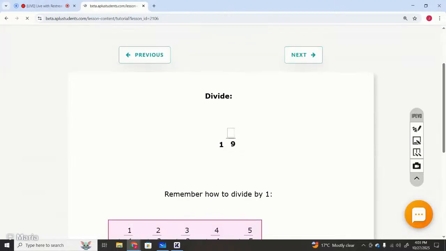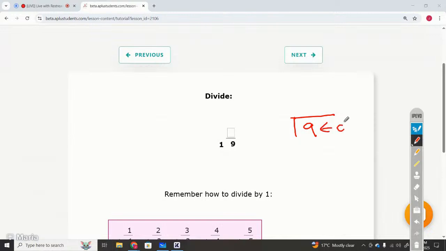Division is the opposite of multiplication. 9 is the dividend. Basically it is like this: 9 is the dividend and 1 is the divisor.